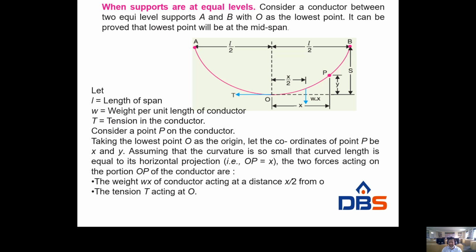The two forces acting on the portion OP of the conductor are, first, the weight Wx, a vertical force acting at a distance of x by 2 from O. The value of the vertical force is Wx.